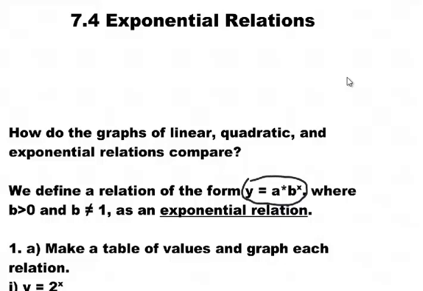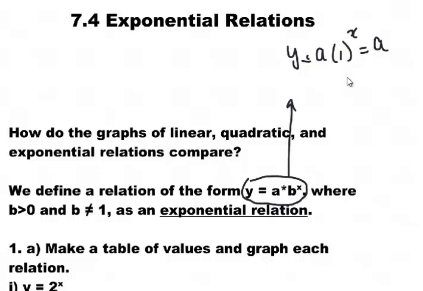Now, a and b are real numbers. B cannot be equal to 1 because if b is 1, then this equation becomes y is equal to a times 1 exponent x. We said before that 1 exponent any number is 1, so this becomes a, which is a linear equation.